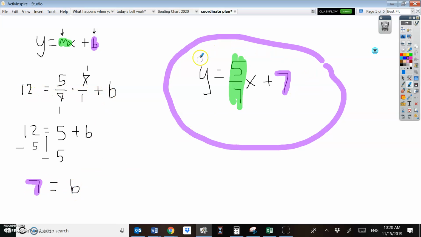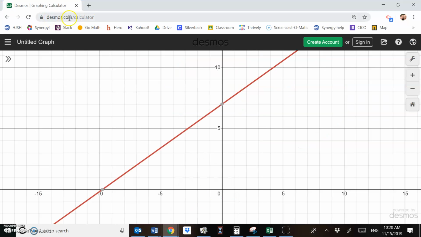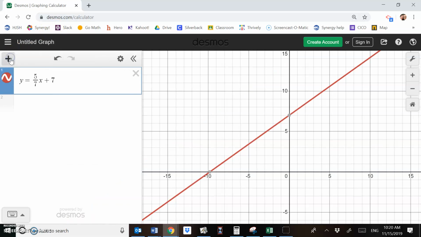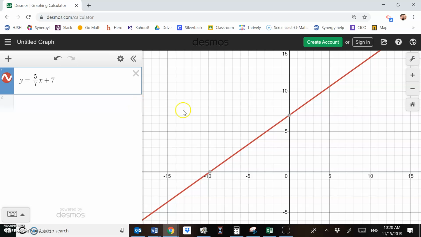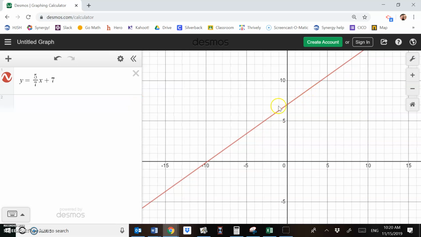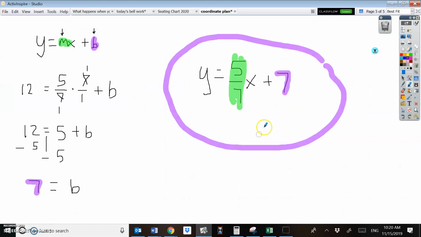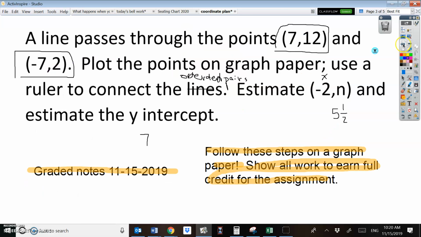And then we put the equation into the graphing website called Desmos. This equation here is the same as this equation here. Y equals 5 over 7x plus 7. And then you see that this line is the same line as we have on our first graph here.